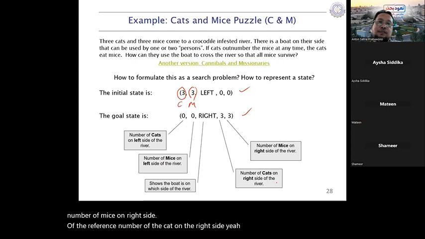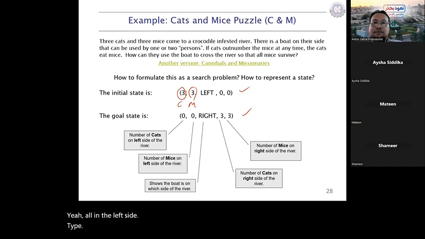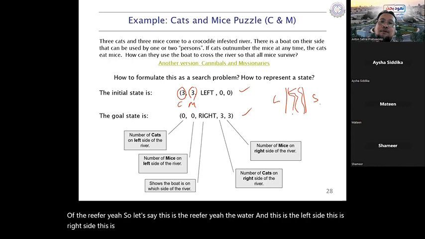So this is the initial state, all on the left side. And we move to the right side of the river. Let's say this is the river, the water, this is the left side, this is the right side, and this is the flow of the water.